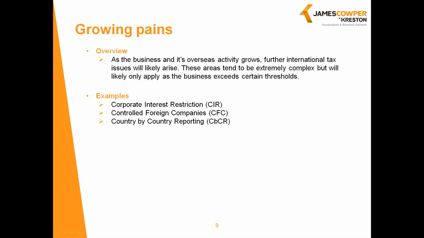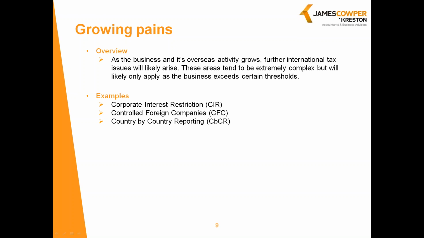Country-by-country reporting, or CBCR, is intended to provide greater tax transparency. The ultimate parent company of large multinational enterprises are required to provide an annual return in a standardized format that analyzes and discloses the key elements of their operations.